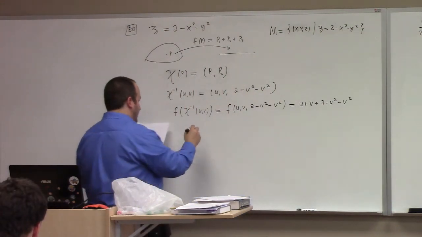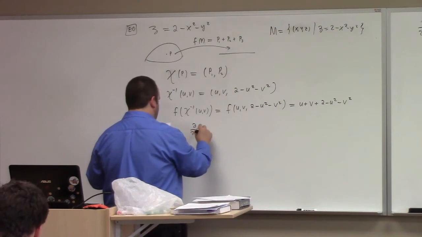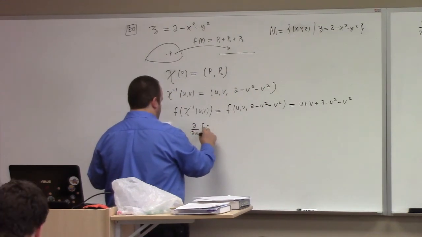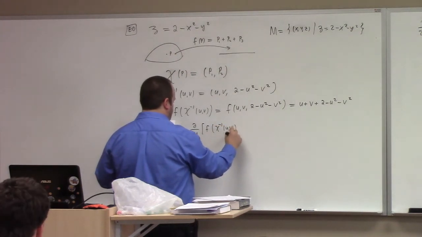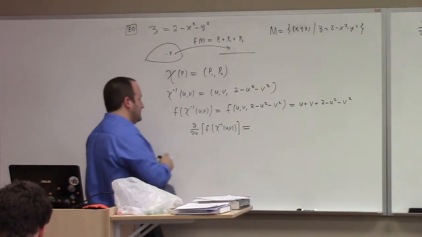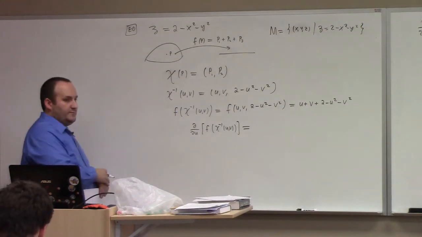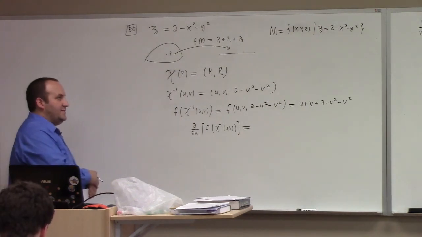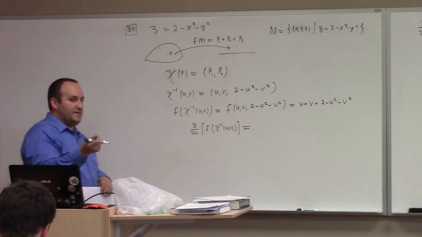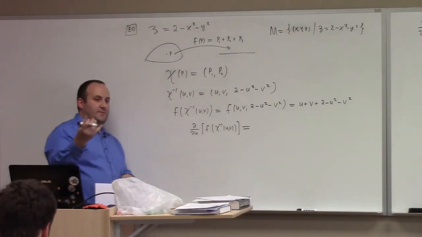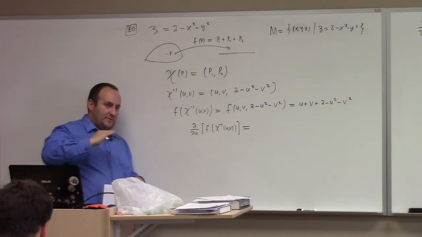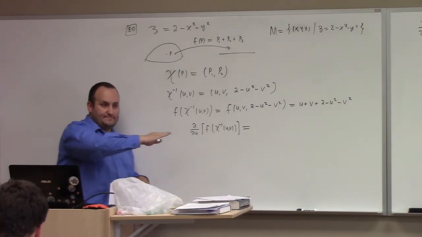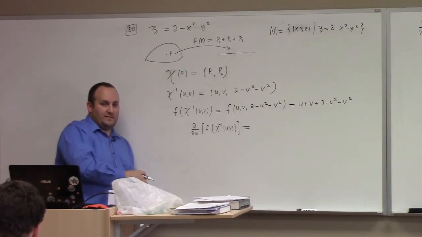Now we can calculate partial u of f composed with chi inverse of (u, v). The point of this definition is that we take the function on this abstract manifold and bring it back down to earth. We make it an ordinary function from R2 to R, which we partially differentiate like in the usual advanced calculus course.